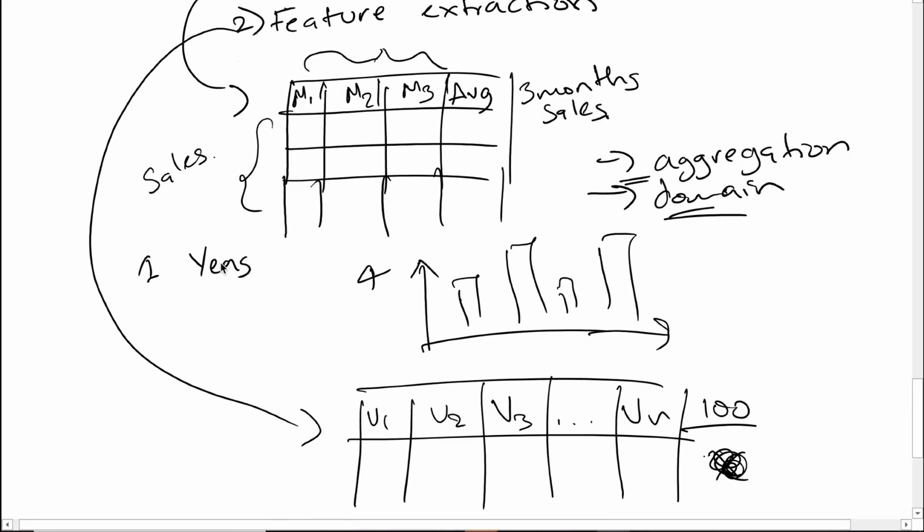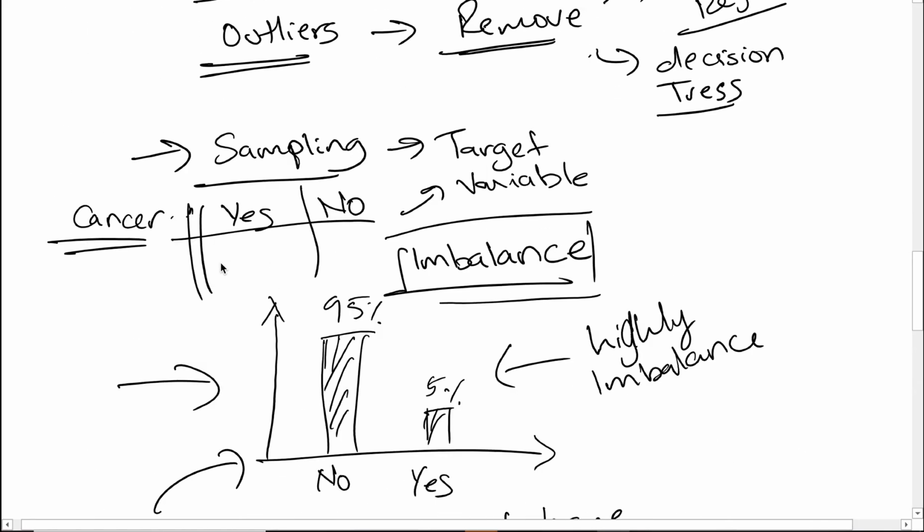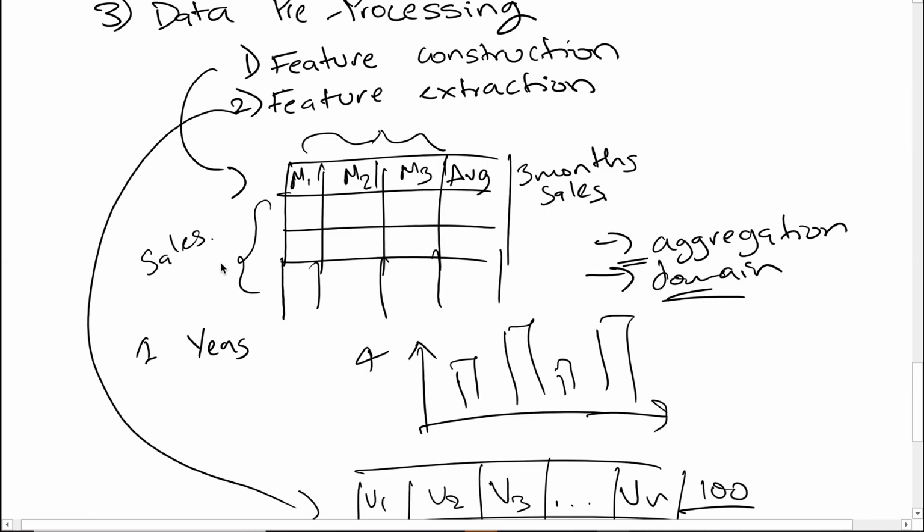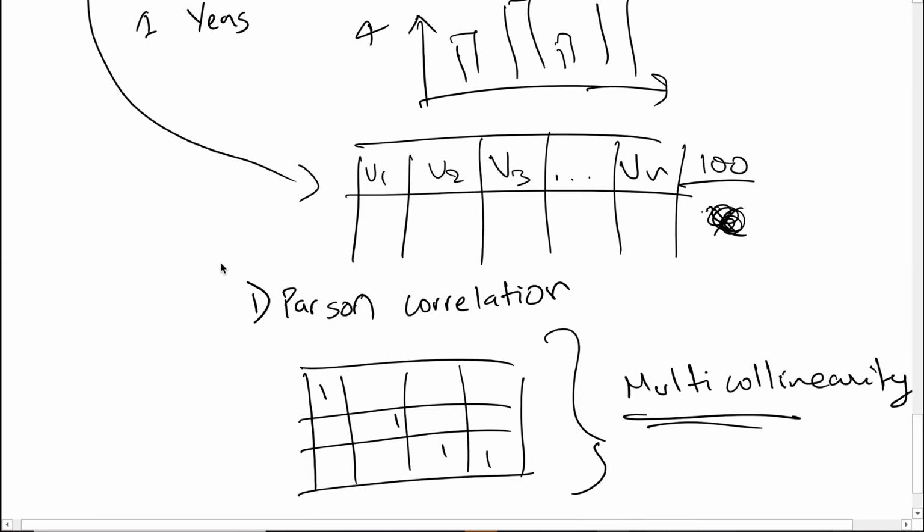So now that I've spoken about data pre-processing, let's go on and talk about the fourth step in the KDD process. This step is known as data modeling.